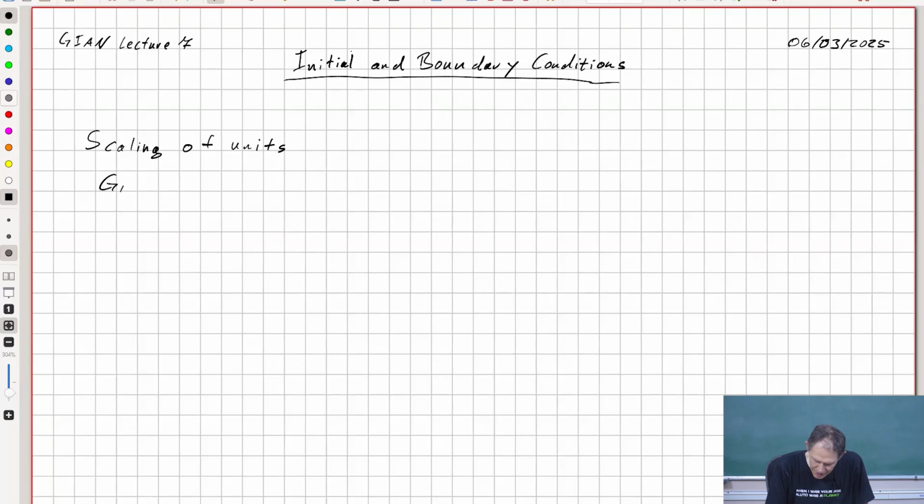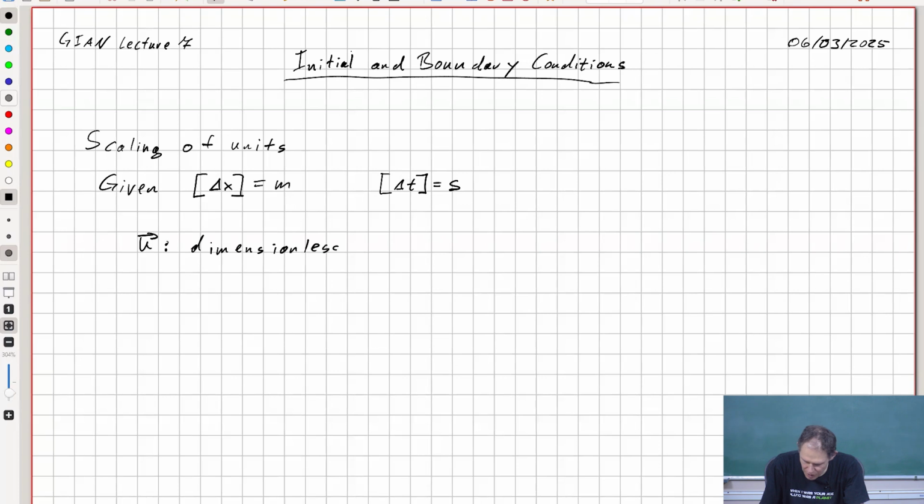Assuming we know what delta x is, which comes in meters, and we have a given delta t, which has the unit seconds. We'll always use the variables without a star as the dimensionless version, the ones that we are using in our code.